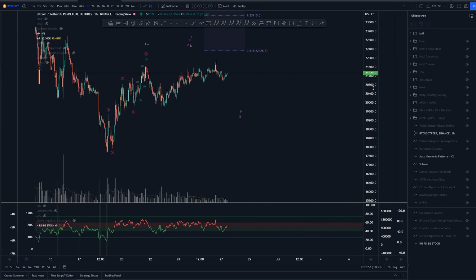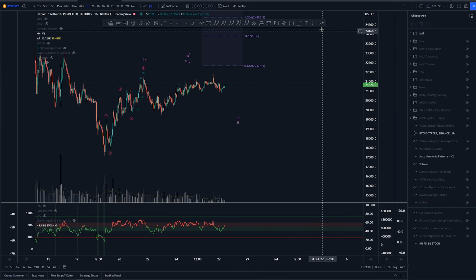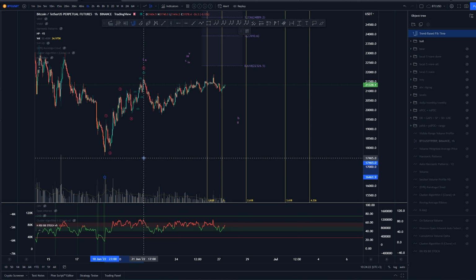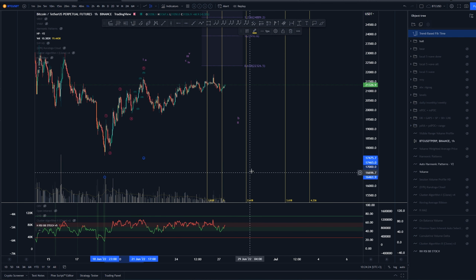Now we have started to take a lot of time on this whole structure, so saying that this wave B or wave 2 is coming in and has not completed around these lows at 19.8k on the 22nd of June is getting less and less likely, to be honest. If we compare the time it took to create wave 1 to the time it took to create this possible wave 2 here, we have already taken 2 times more time than for the wave 1 or A wave.